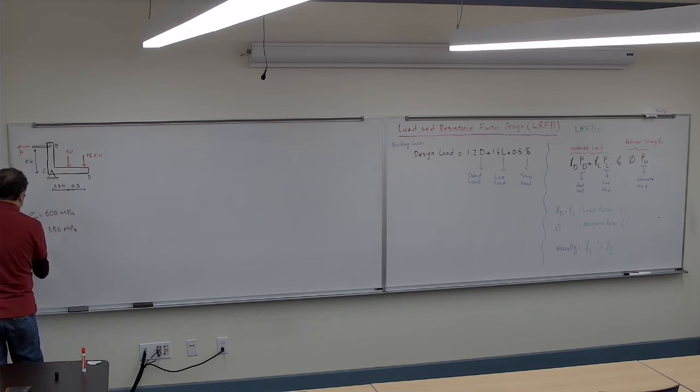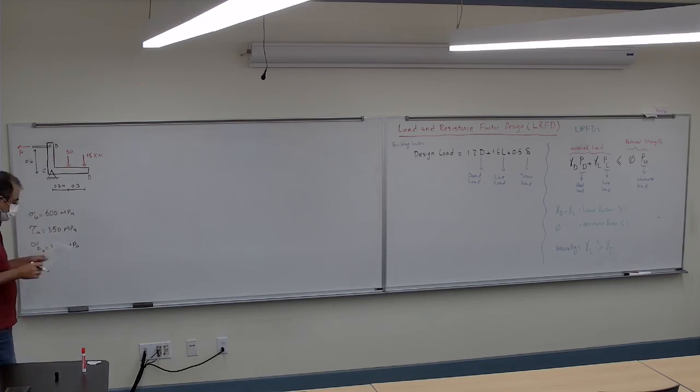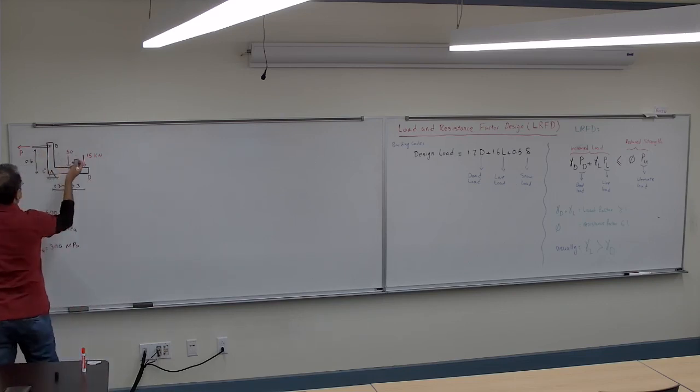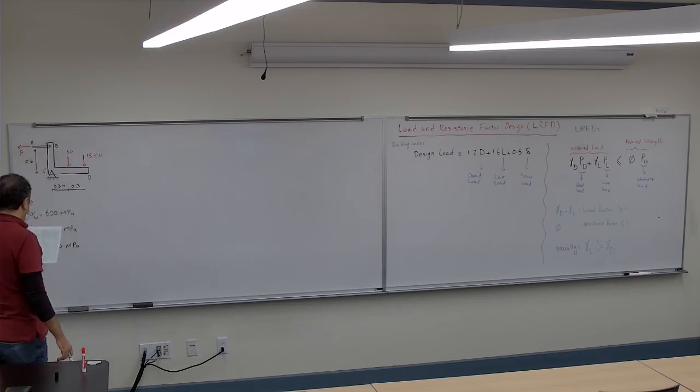And sigma bearing ultimate is 300 megapascal. So we want to do some design here. So find the diameter of that AB part. Where's the A? Find the diameter of the AB, and we want to find the diameter of the pin at the C.